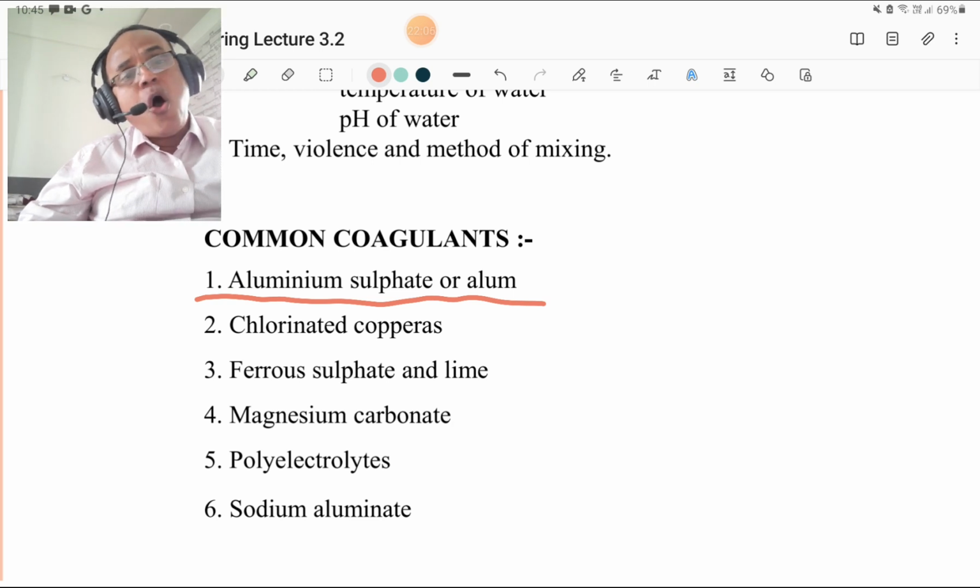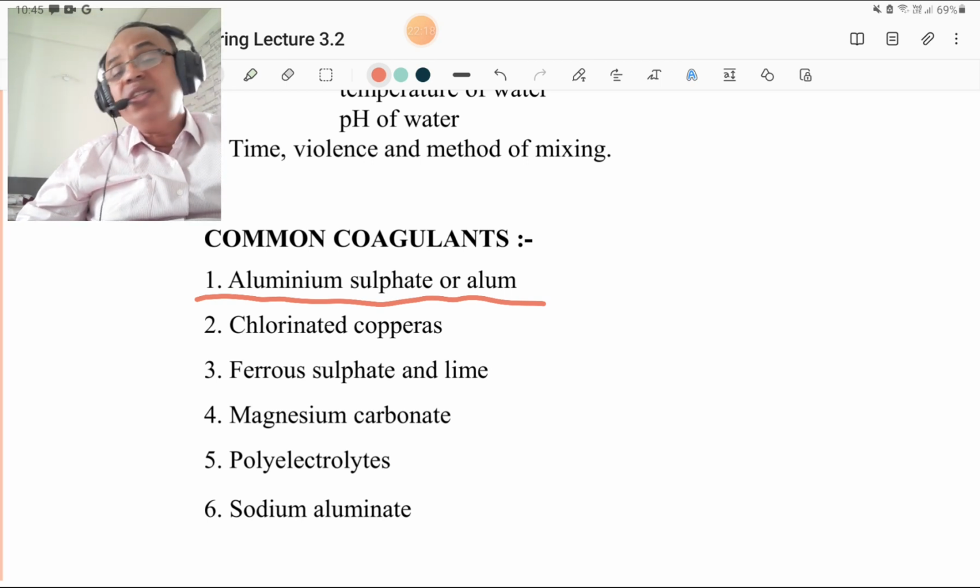So you must study all these coagulants, and which is effective in which situation. It is very important. But as far as water supply engineering is concerned, you must know aluminum sulfate or alum. Okay.